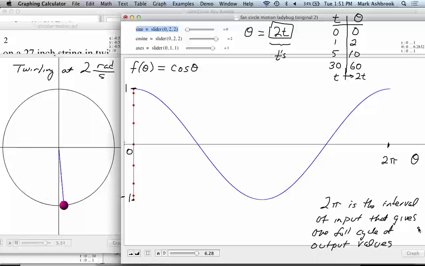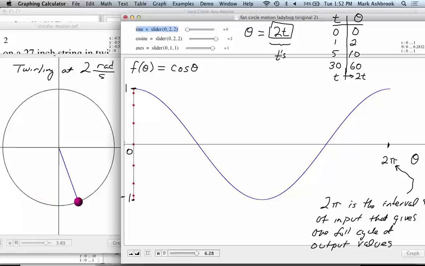So 2 pi is the interval of input that gives 1 full cycle of output values. And that's important. It's like how far do we have to go through the input until the output starts repeating again? So it's a really important thing.